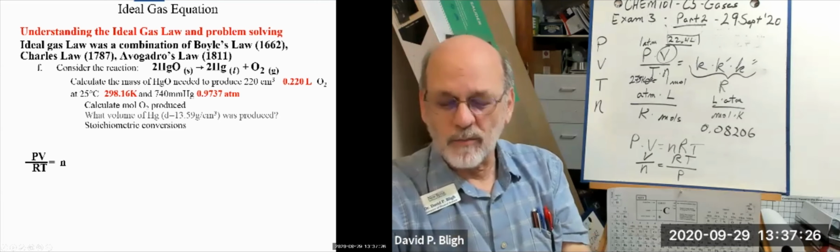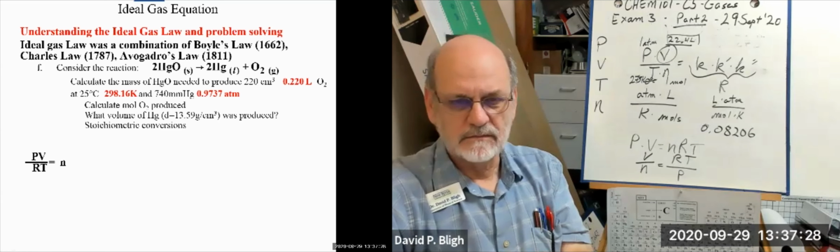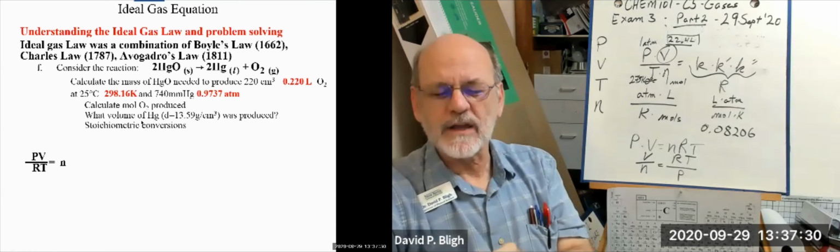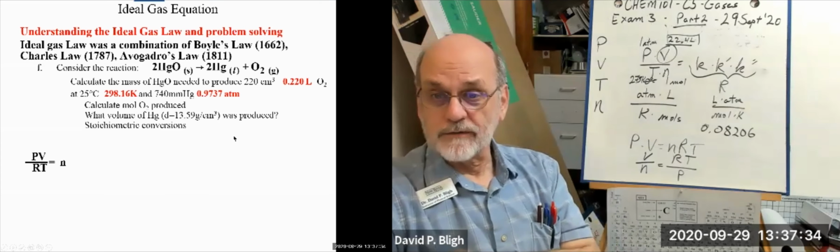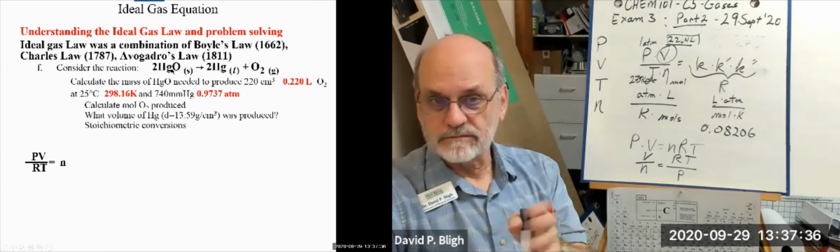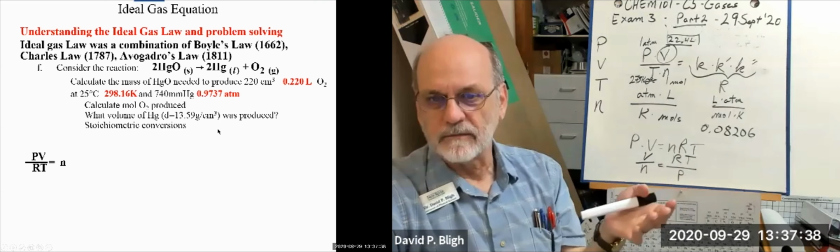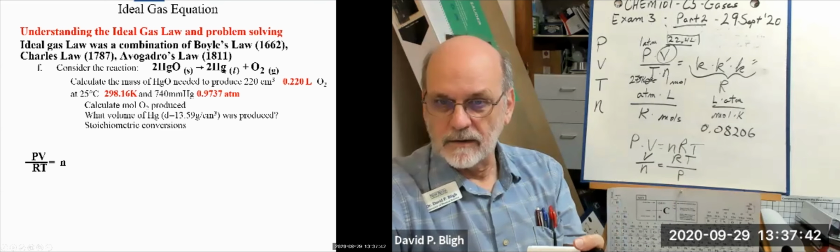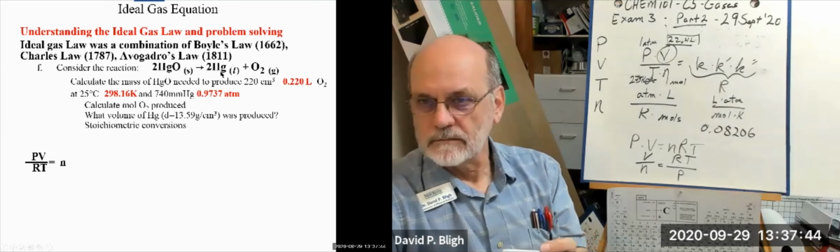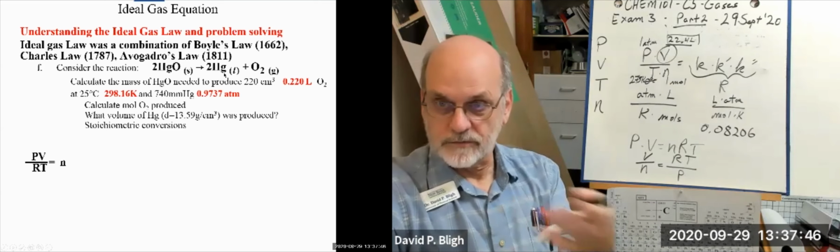We want to find out what volume was produced. Oh, what volume of mercury? All right. So we know how many moles of oxygen. We know how many moles of mercury 2 oxide. Use either one. Convert it to moles of mercury. This is liquid mercury, you know, quicksilver.